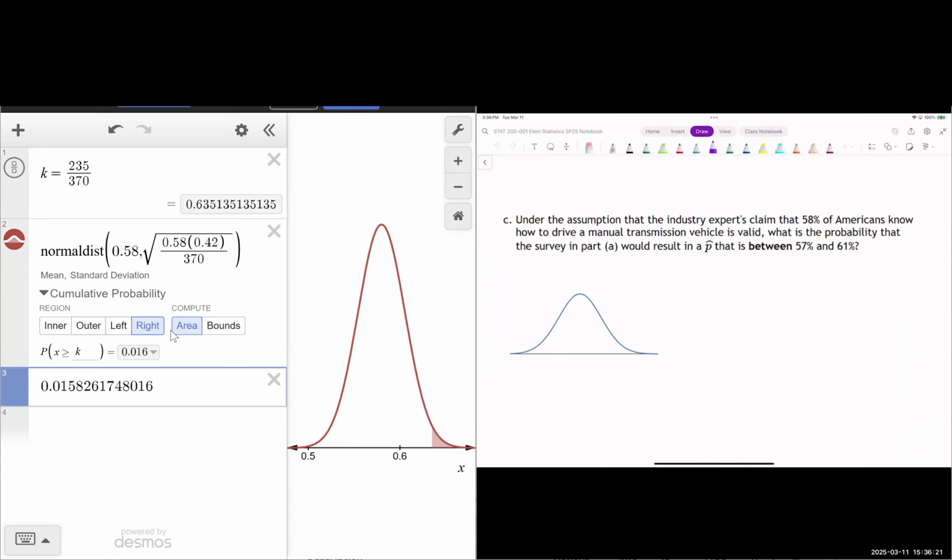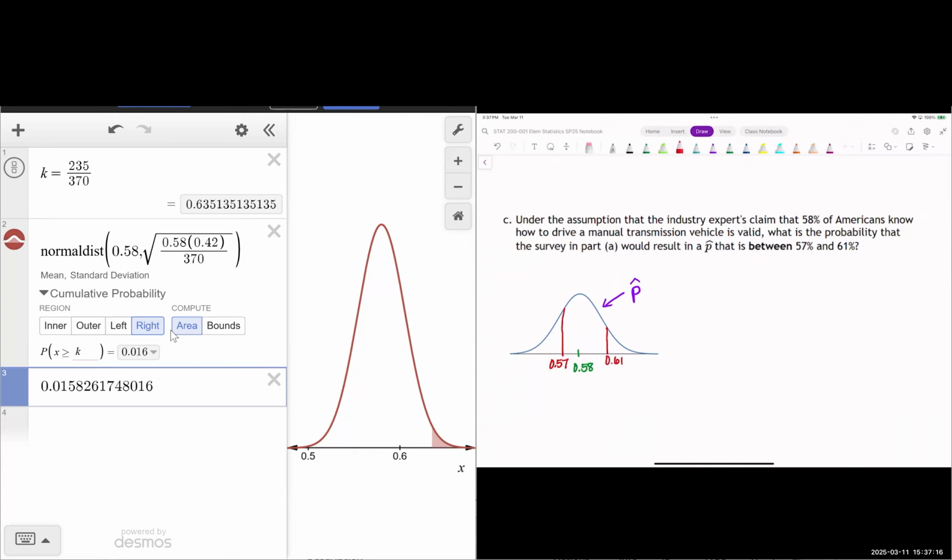Part C asks, under the assumption that the industry experts' claim of 58% know how to drive manual transmission is valid, what is the probability that we would see a p hat in our survey between 57% and 61%. So this is similar to part B. Again, we're talking about a probability related to the sampling distribution.